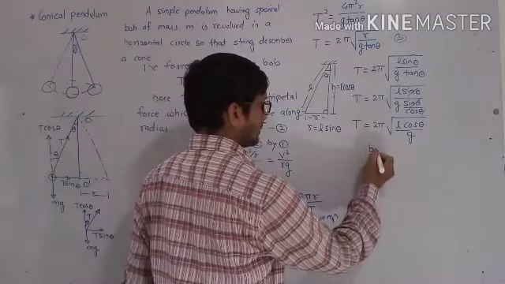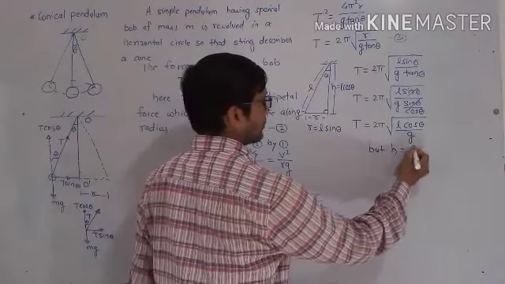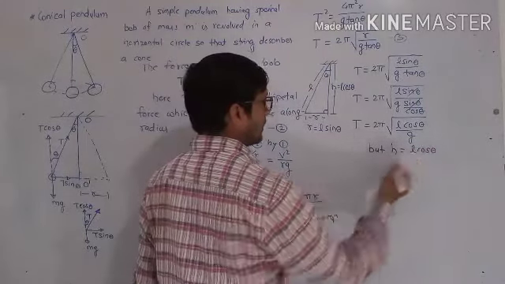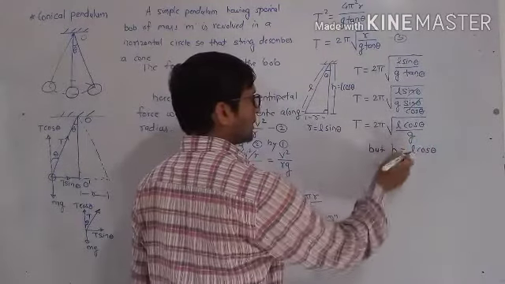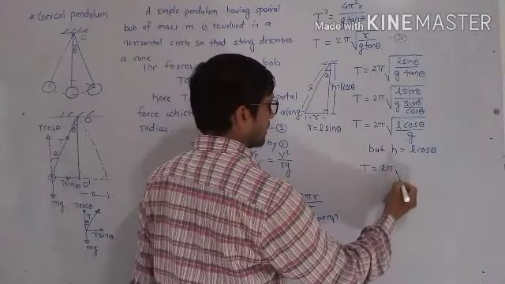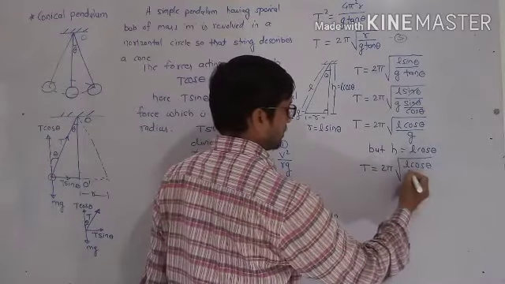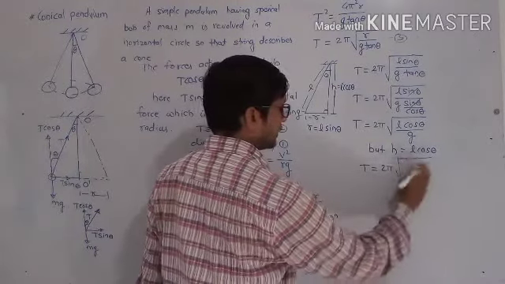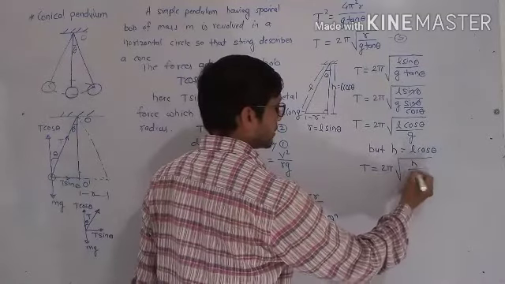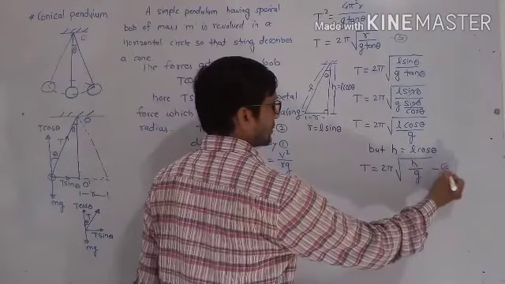But from the diagram h is equal to L cos theta, so replace L cos theta by h. Therefore T is equal to 2 pi under root h upon g.